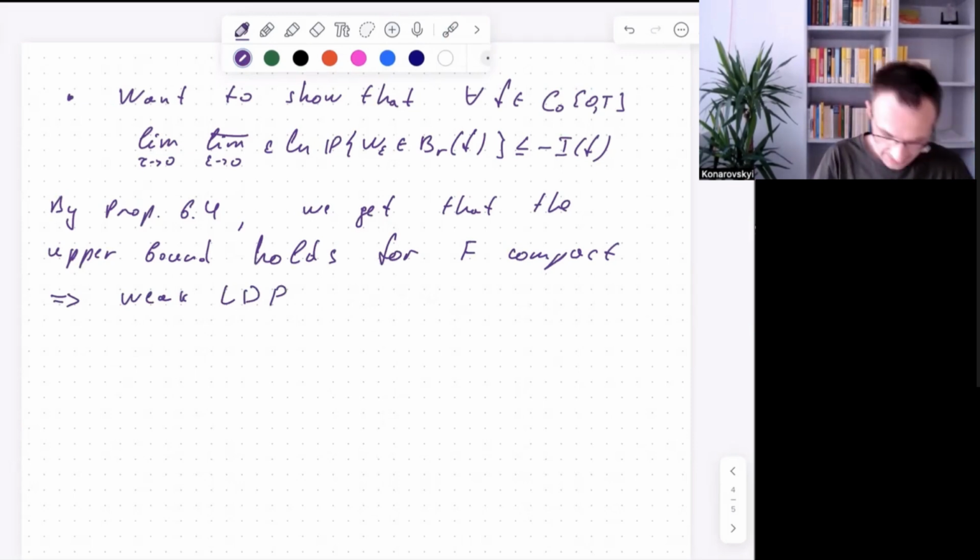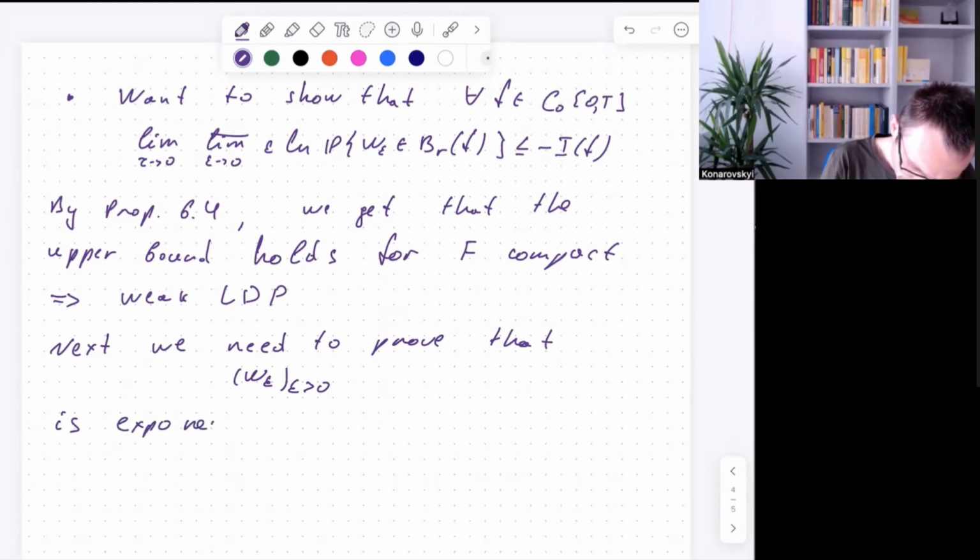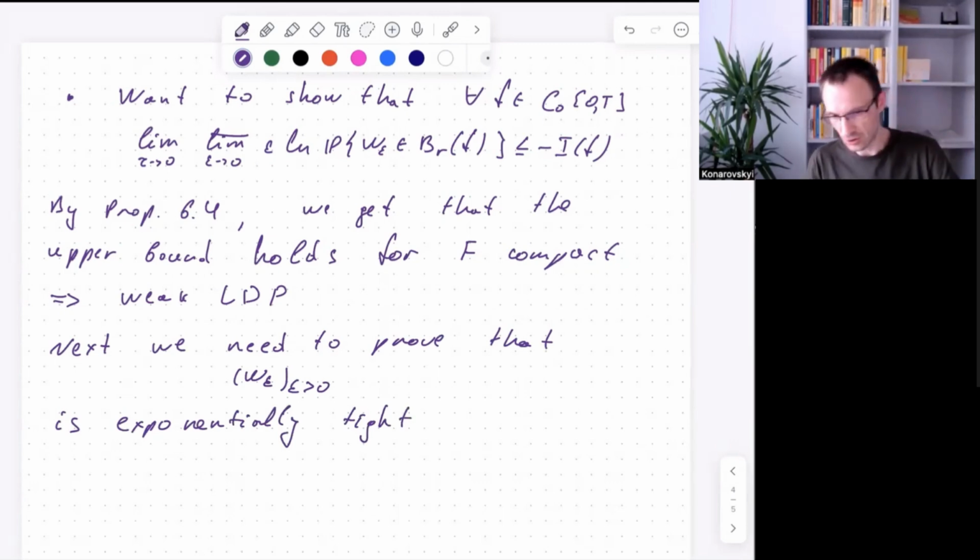That we also discussed. Next we need to prove that the family W epsilon is exponentially tight. What it is now is not so important.